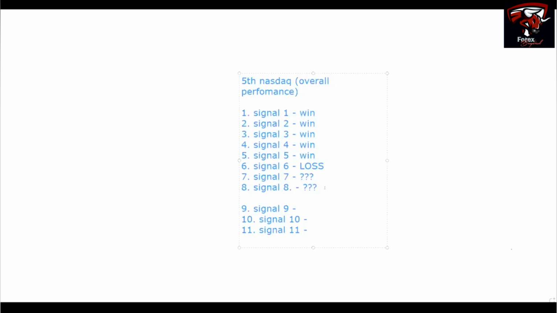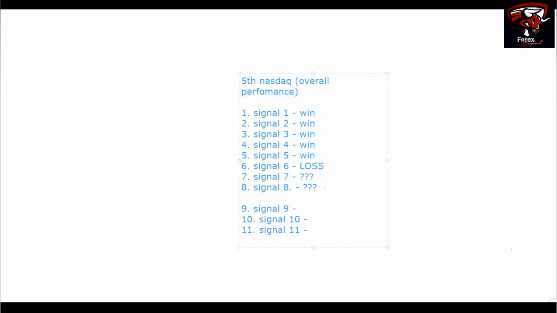People lost on signal number 1 and signal number 2 in the Nasdaq 50 wave. When you lose, you sit down and you ask yourself, how did 92% of the people who traded the same signal win? How did I lose? That is how you beat the psychological part of trading. You start questioning yourself.